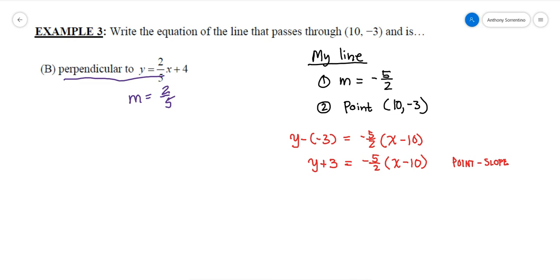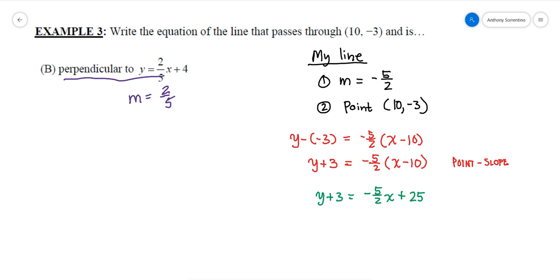This would be a suitable answer because it doesn't tell you what form to write it in. However, if it was a multiple choice item and you didn't see anything written in point slope form, then it might be written in slope intercept, so you would have to go two steps further: distribute the negative 5 halves, which would give me a negative 5 halves x plus 25.